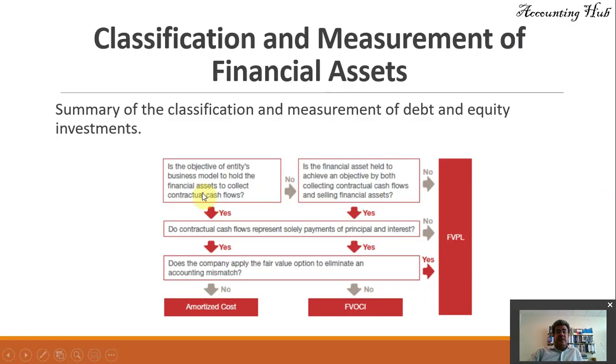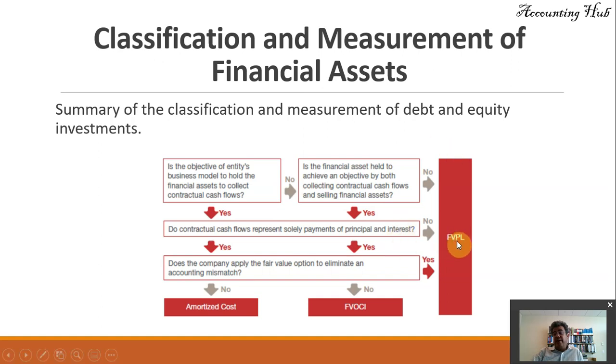So some summary. Is the objective of the entity's business model to hold the financial assets to collect contractual cash flows? If yes, we go here. If no, is the financial asset held to achieve an objective by both collecting contractual cash flows and selling financial assets? No. I purchase today, I will sell it tomorrow.